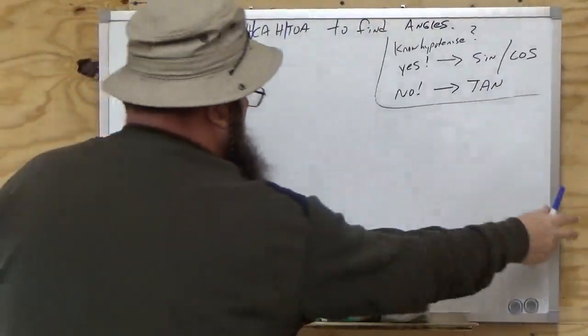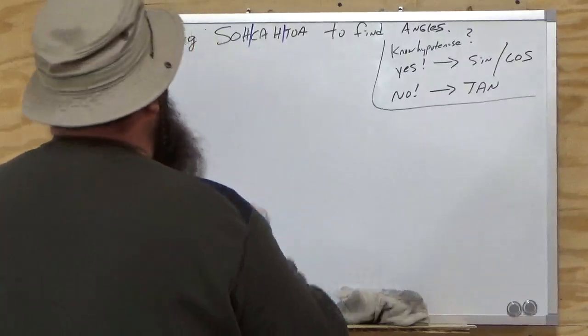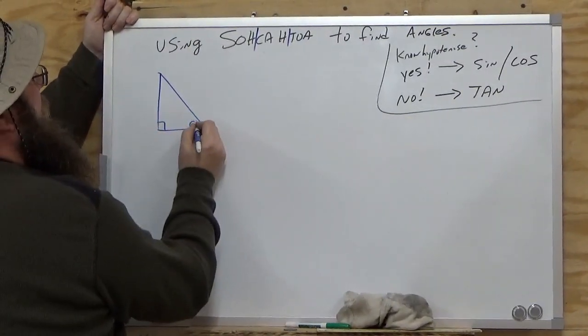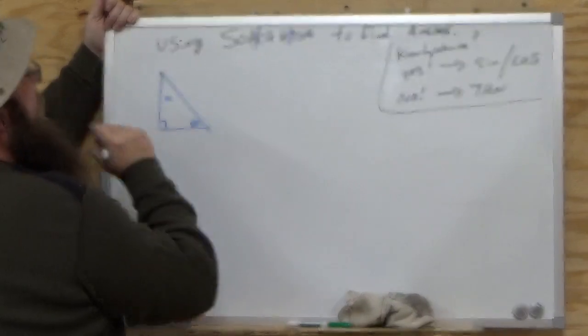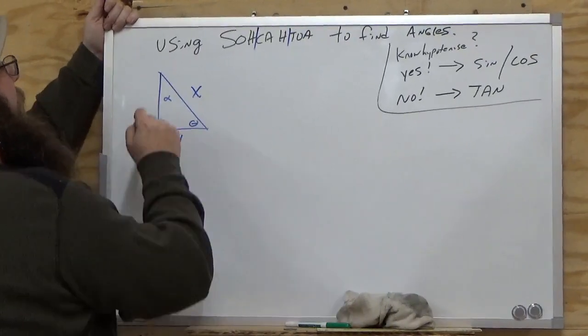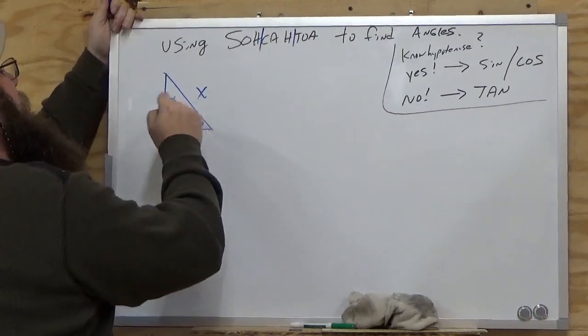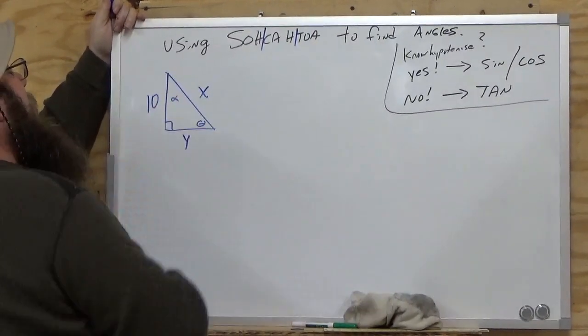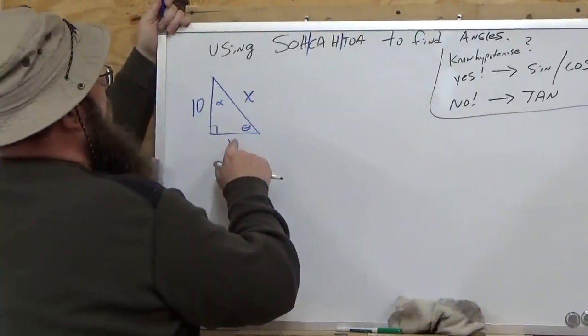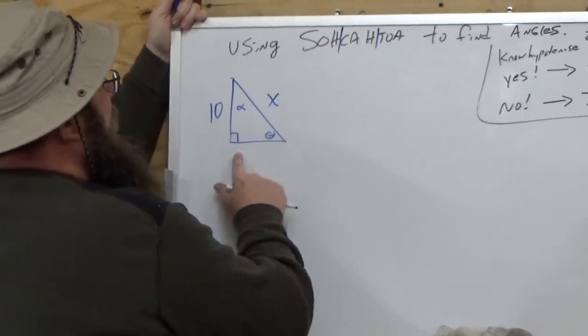Let's do a tangent problem. Theta, alpha. Let's say this is x, this is y, and out here, let's make this a 10. So there's what we're after. No, I got to give you the y too. Sorry, I got to give you this.